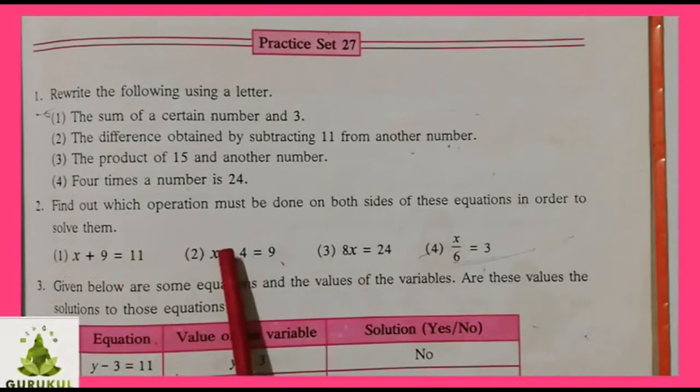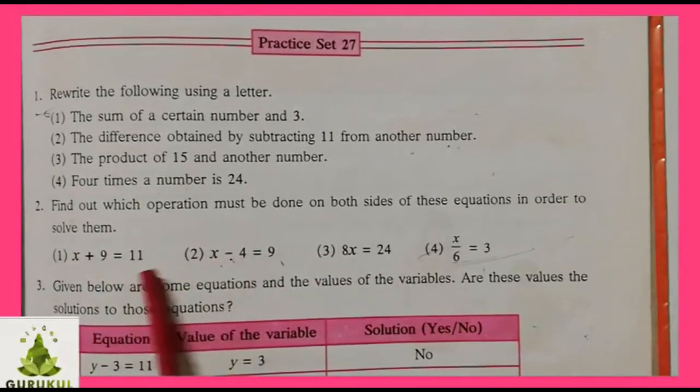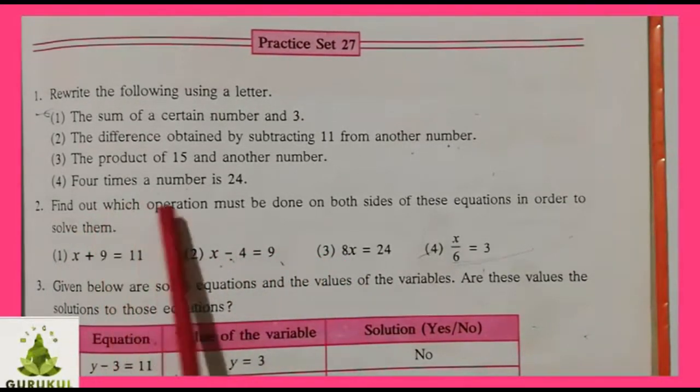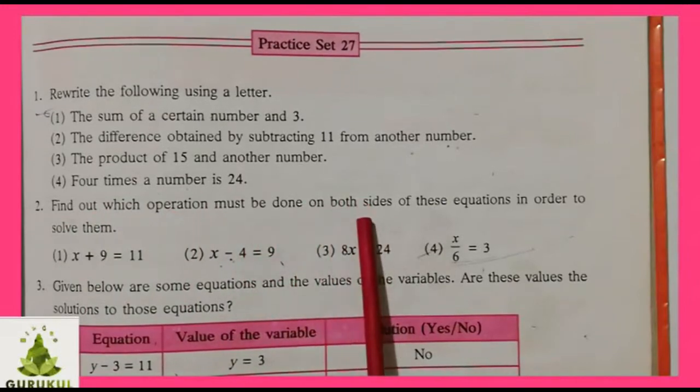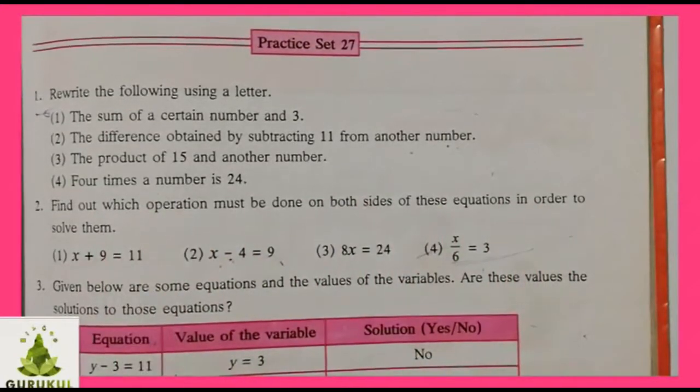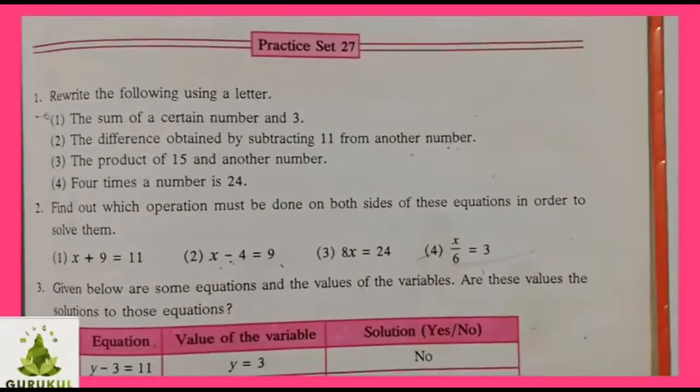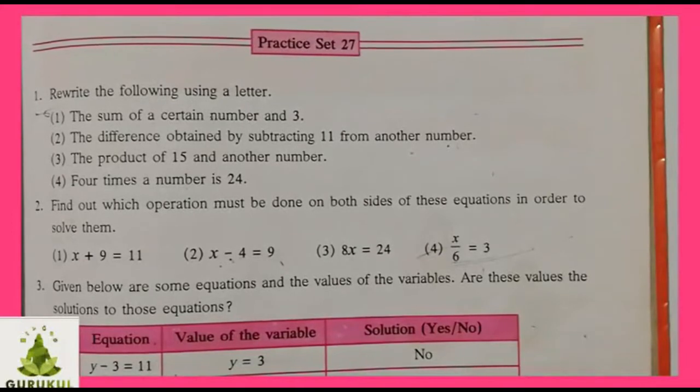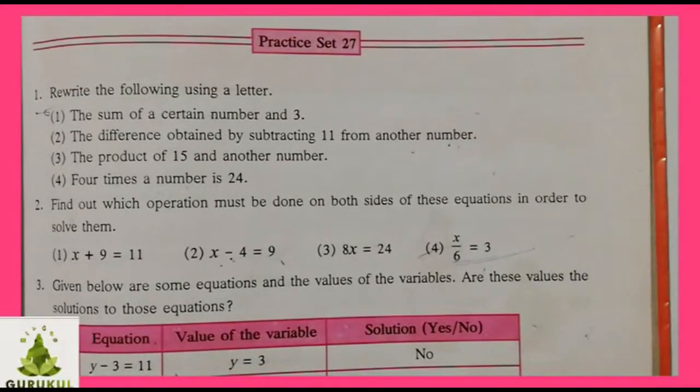You have to find the value of x in each of the equations given. So which operation must be done on both the sides of these equations is asked. In order to solve them, you only have to write which operation you should do. That's all. Is it clear? No need of solving it. Copy down this question, question number 2, heading in your notebook, and we will start with the first one.